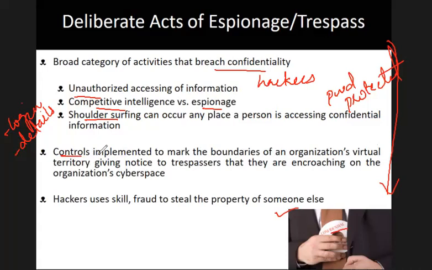If an unauthorized person goes to some specific area, or tries to use the security key that is given, it might display a message that you are not given access to that specific part of the organization. So it might give notice to the trespassers that are encroaching on the organization's cyberspace. This is done on physical ground as well as in cyberspace.